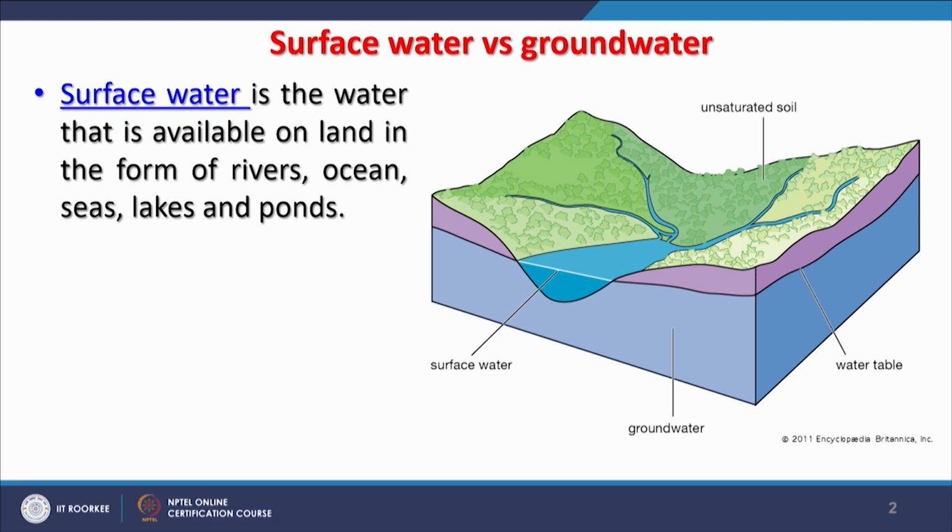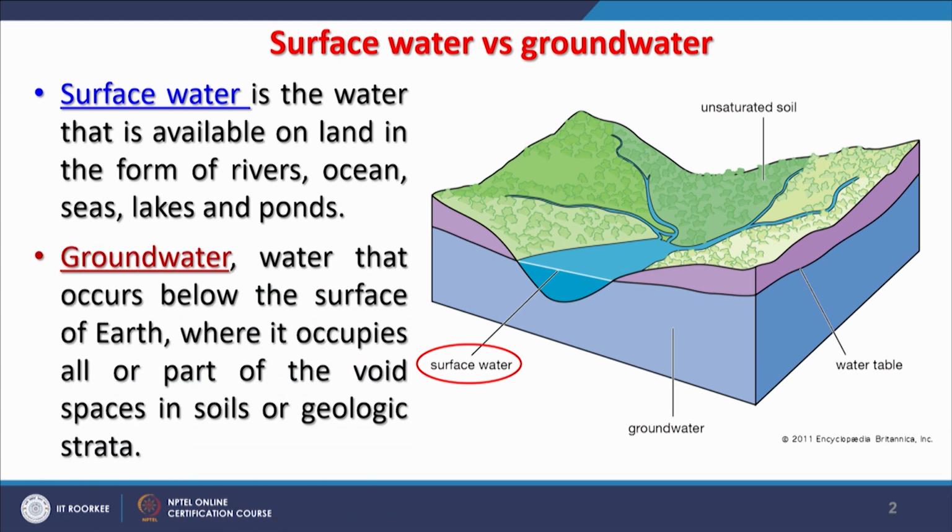So, whatever water is available on the surface can be called surface water, and whatever water is available below the ground surface in the earth is our groundwater. As you know, it occupies all or part of the void spaces in soils or in geologic strata.